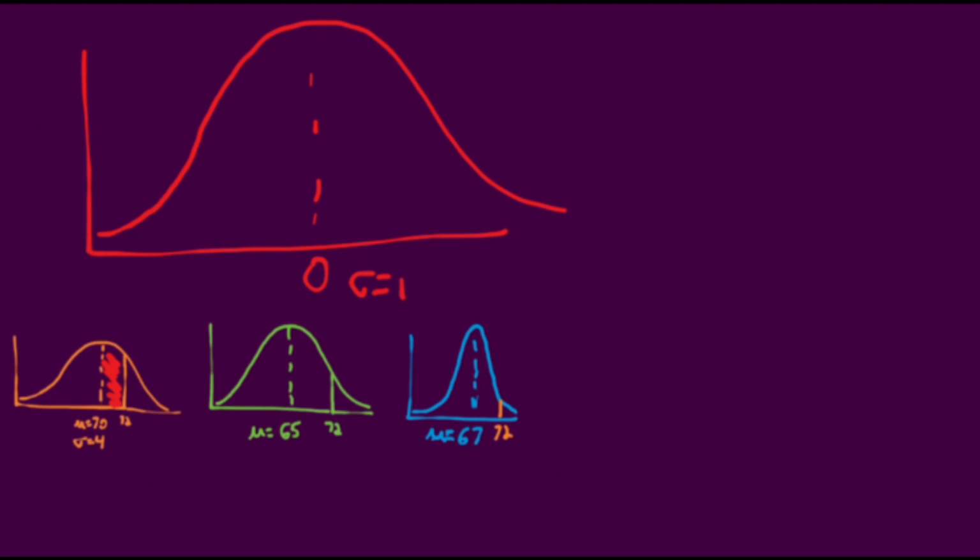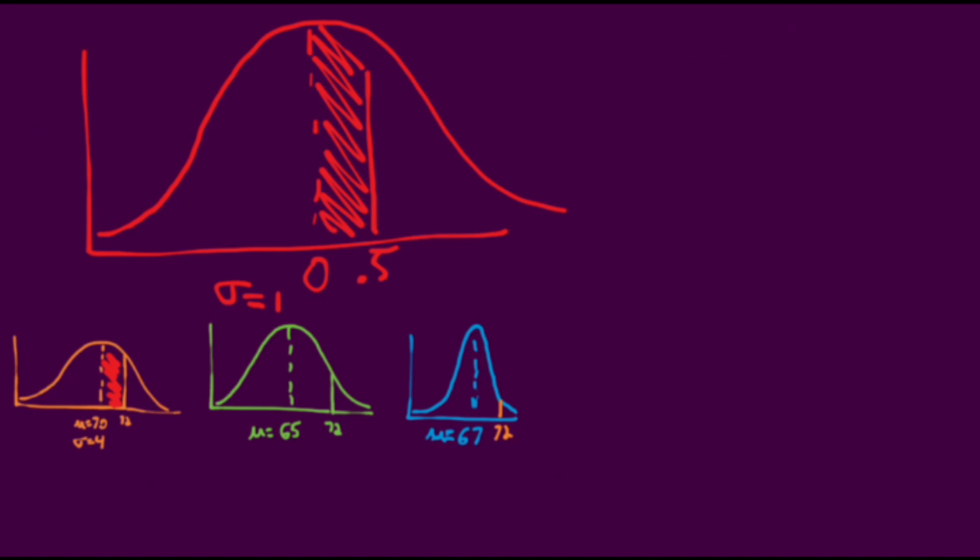Let me clean that up a little bit so we don't get too confused. The standard deviation is 1 here, and the relationship is the same. If I draw a line in here at 0.5, the share of the area between 0 and 0.5 standard deviations is the same as from 70 to 72, because that is also 0.5 standard deviations.